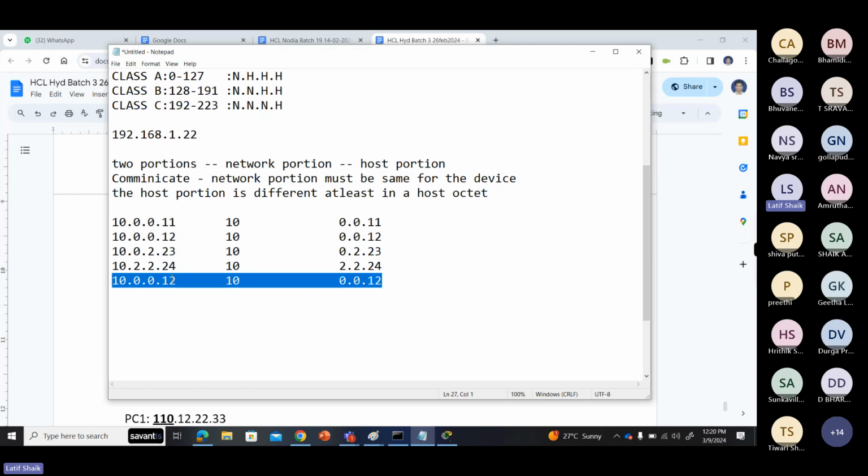Conflict means the same IP address is assigned to multiple devices. If it is like this, no problem. This is not the same; the host has a different number. Maybe this part is the same, but this is not the same, right? So this is different from here. No problem. Next.